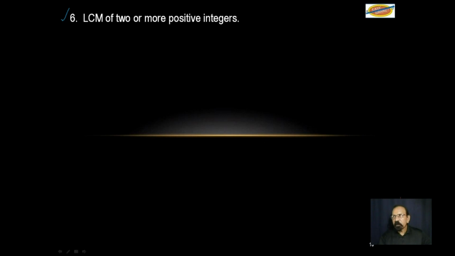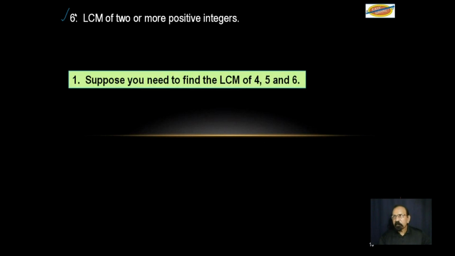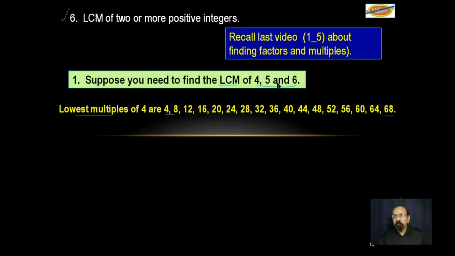So objective 6, we are on LCM. Suppose you need to find the LCM of 4, 5, and 6. Now recall in the last video, 1-5, we talked about finding factors and multiples. This is video 1-6.